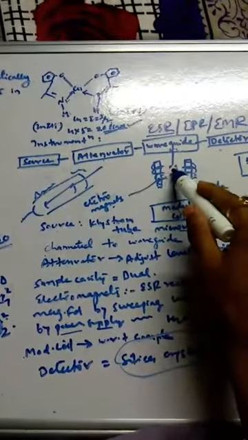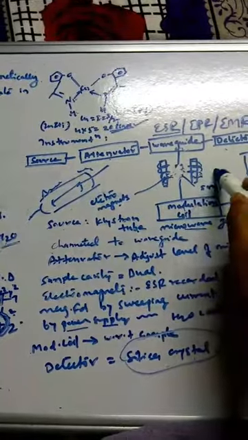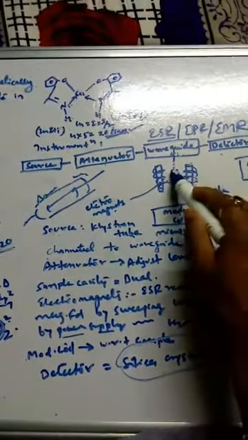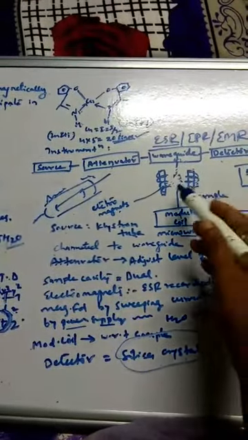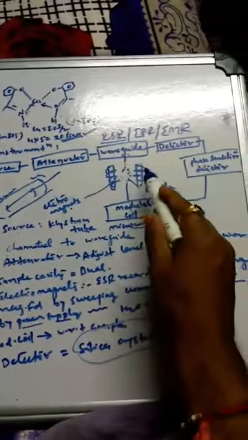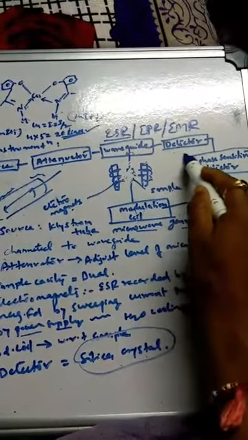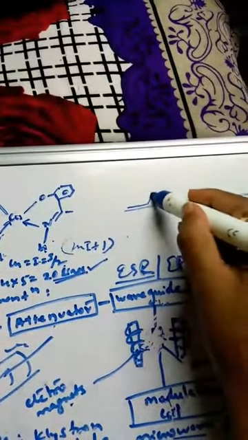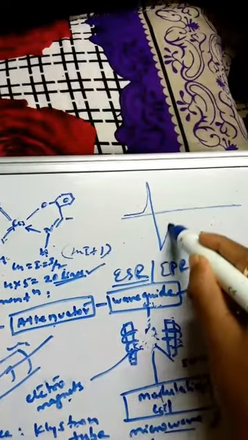There is an interaction between the electron spin and the nuclear spin I value, which gives hyperfine splitting. The number of lines obtained is modulated, phase sensitized, and then detected by the silica crystal detector, and you get the fine spectra.